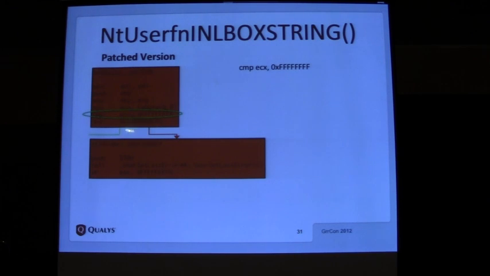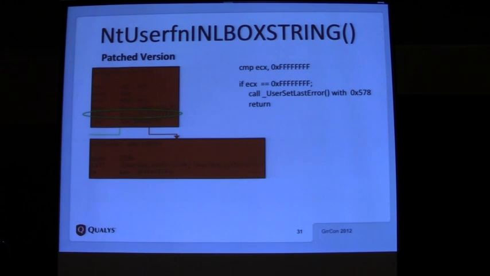If it is -1, it goes into this block and calls a function, SetLastError, with code 578H, and then returns.